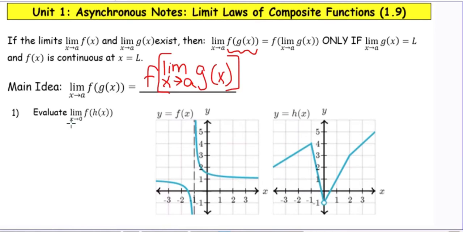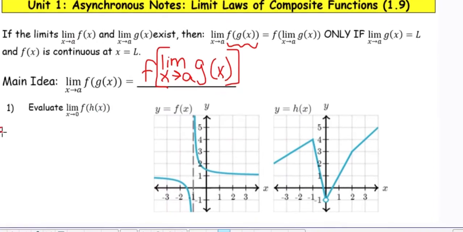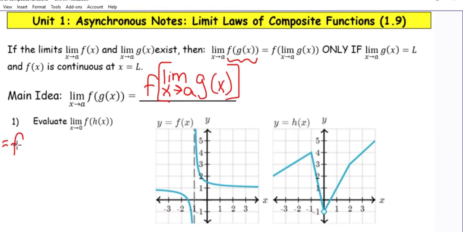Problem number 1 says, find the limit as x approaches 0 of f of h of x. Let's rewrite it and pull the f on the outside. On the inside, we're going to put the limit as x approaches 0 of h of x.